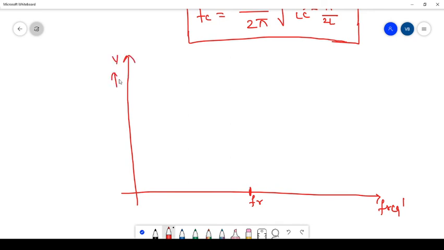On the y-axis we take V. Before the resonance frequency, what is the reactance component here? It is the capacitor, and the capacitor value is more, no? So that will increase like this, and then predominantly decrease like this. After FR, the inductive value will increase.